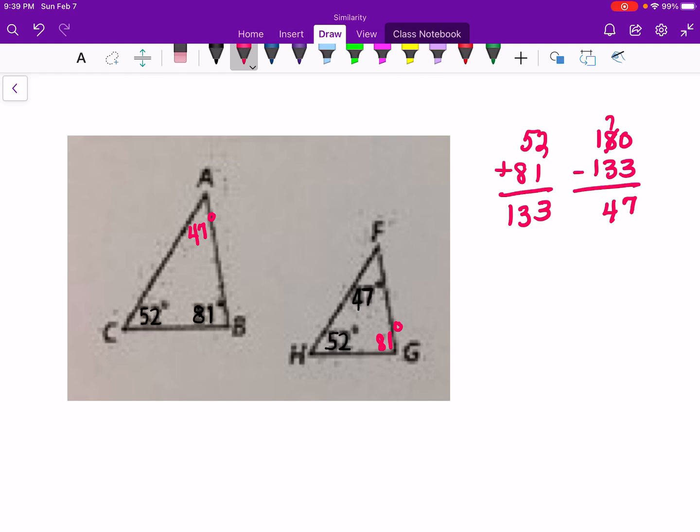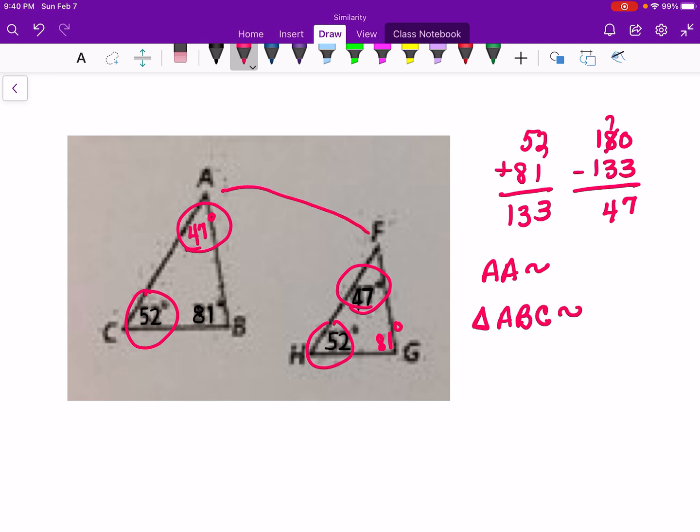So here's a pair of congruent angles. Here's another pair of congruent angles. So by the AA similarity, the 2 triangles are similar. And their names are ABC is similar to A matches with F, because they're 47 degrees.